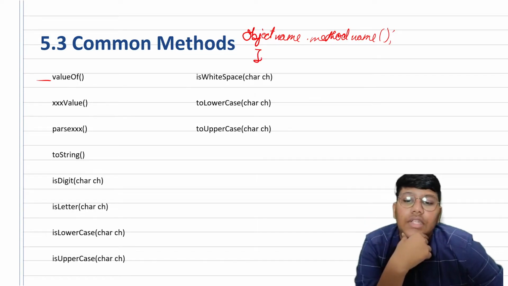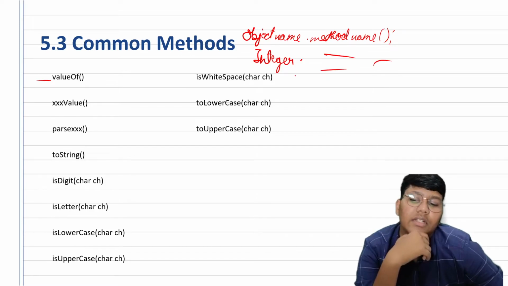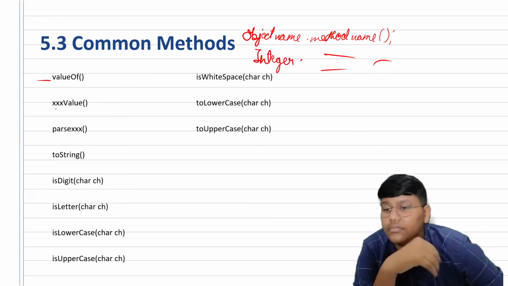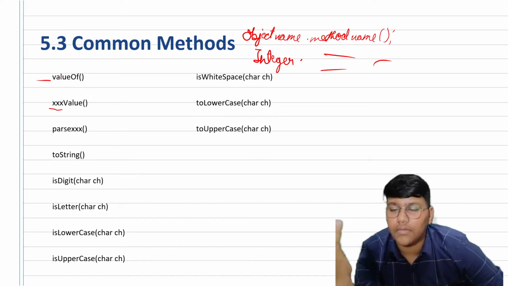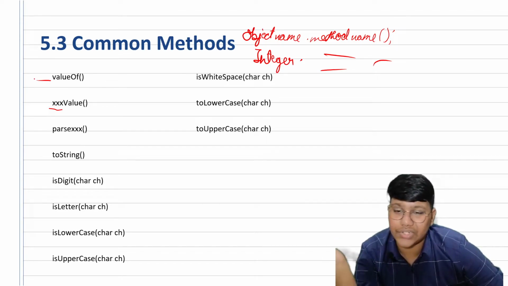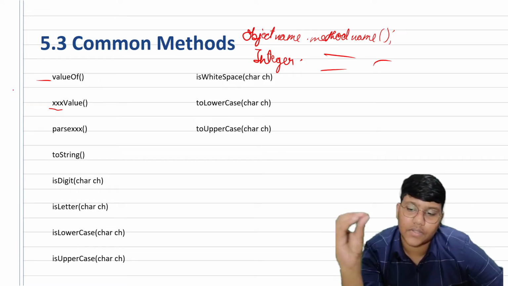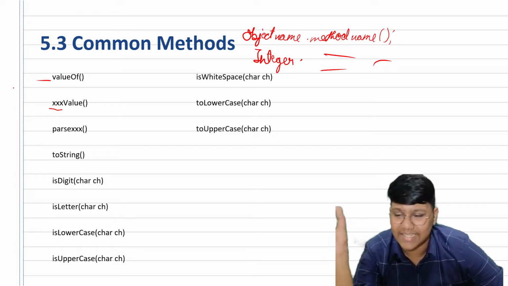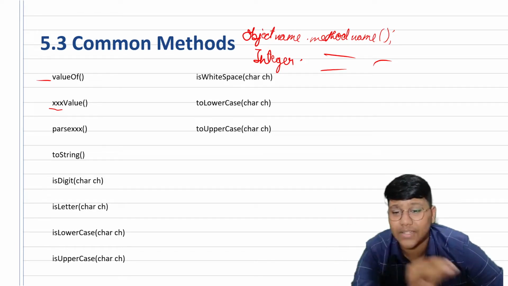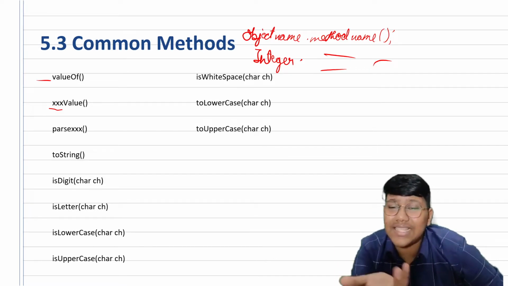So here we use Integer dot then method name. So valueOf xxx, for example, for Integer, for Boolean, for Character. Parse, toString, isDigit, isLetter, isLowerCase, isUpperCase, isWhiteSpace, toLowerCase, toUpperCase. So these are some basic functions.